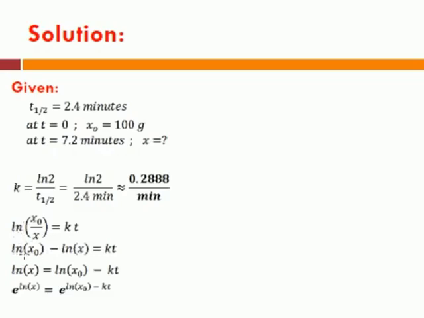So this will become ln x sub o minus ln x is equal to kt. Recall the properties of logarithm. Then transpose ln x to the right side, so that will become positive ln x. Transpose kt to the left side, so that will become minus kt. So that is ln x sub o minus kt is equal to ln x. We're being asked for x.